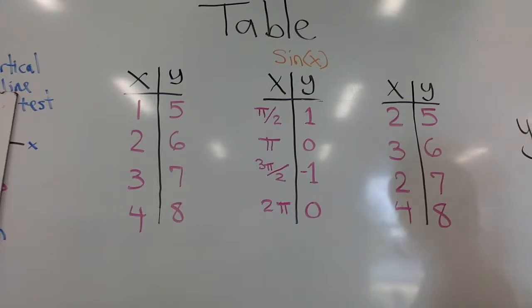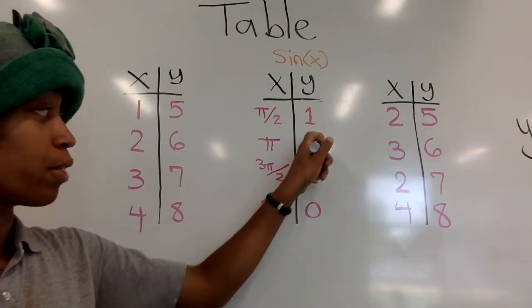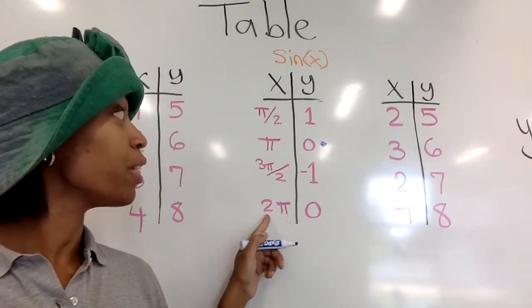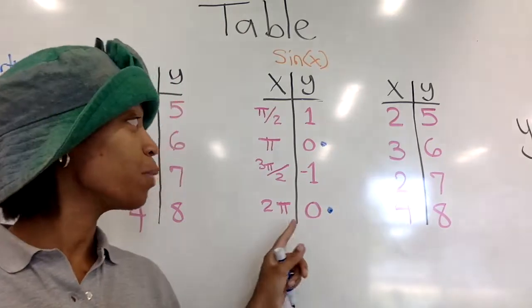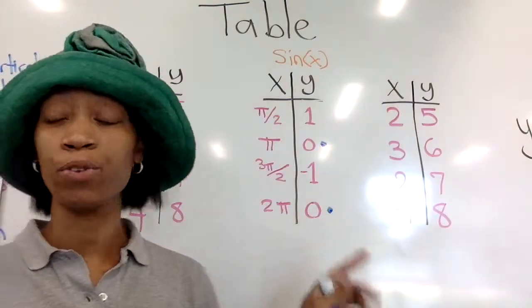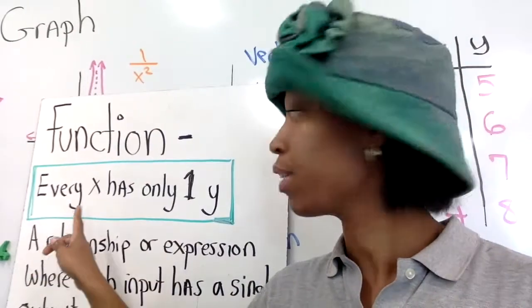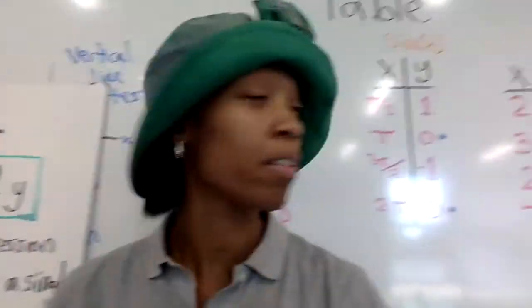Which one of these tables is not a function? Here, I can see that the zeros repeat, that there's an x value that has 0, and that there's another x value here that also has 0. But that's perfectly okay, because we don't care about 2 y values. We need to see whether or not every x value only has 1 y value. So it's the x's that cannot repeat.